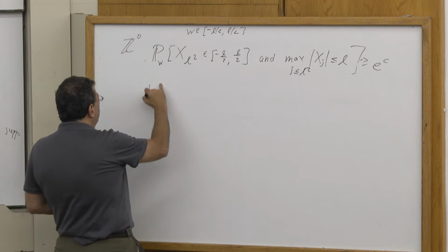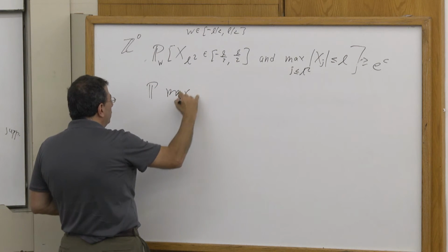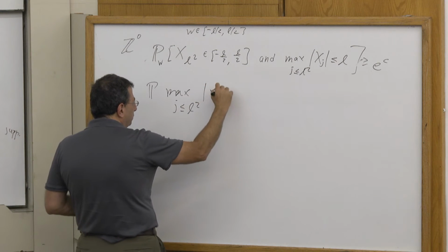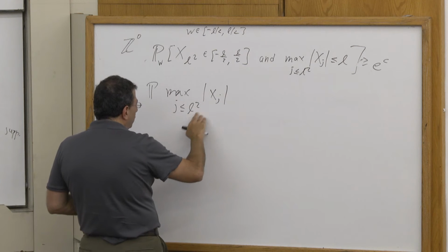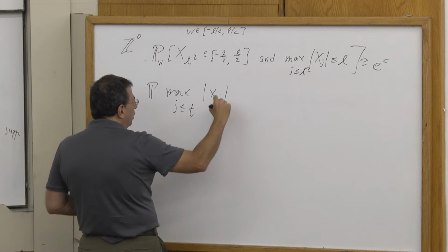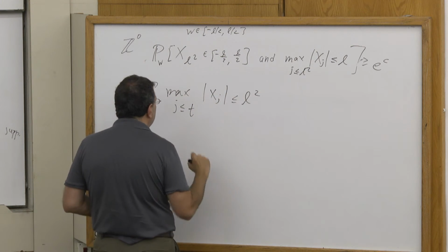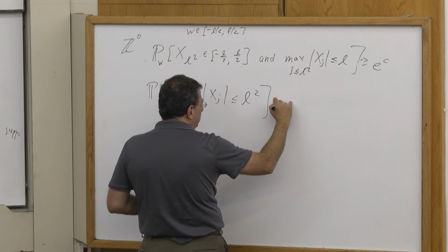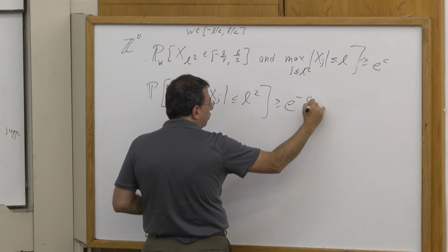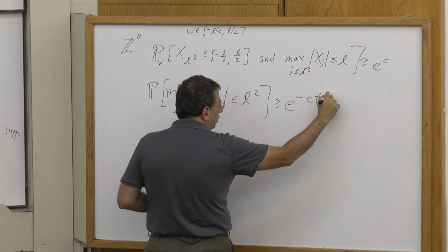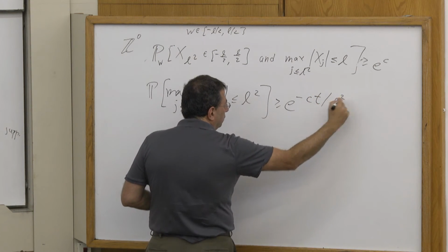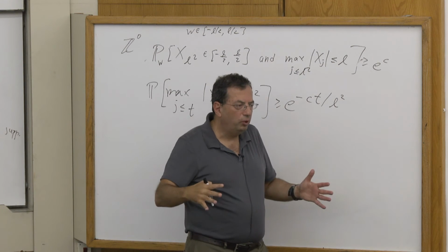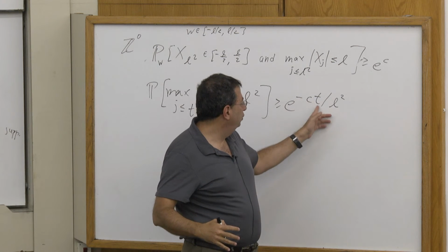So we get the probability that the maximum over all j less than t of xj is less than L is going to be bigger than e to the minus constant t over L squared. Because we do rounds of length L squared. In each round we have a constant probability, and we have t over L squared rounds.